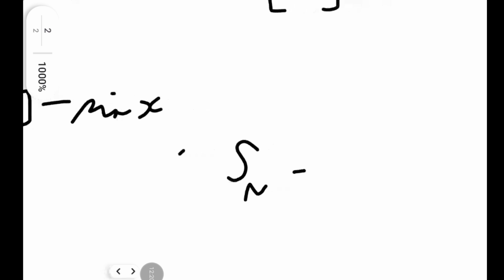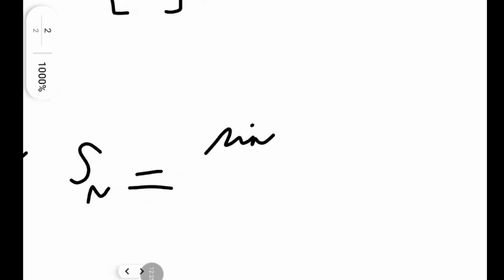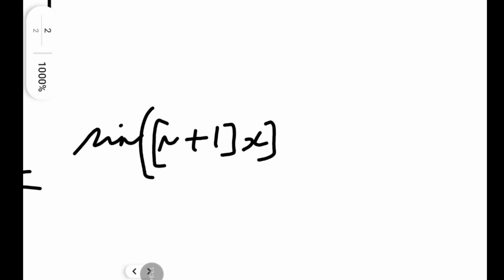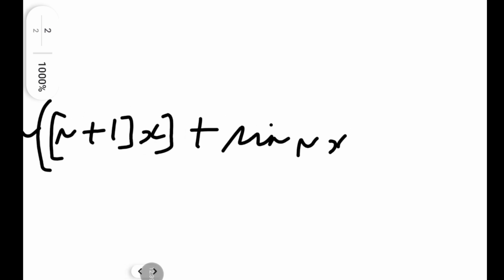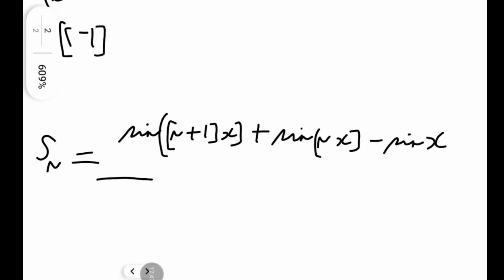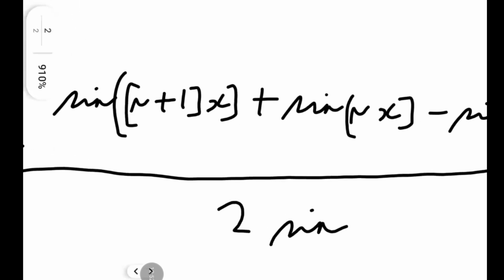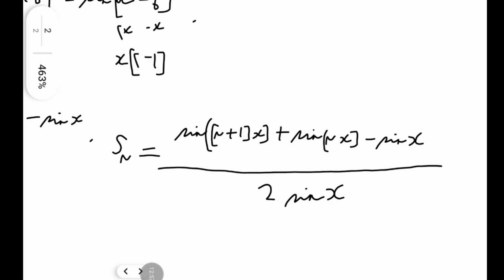The sum of n from 1 to n is equal to sine of (n plus 1)x plus sine of nx minus sine of x, all over 2 sine of x. So you see now we have it in this formula. We have a first initial summation formula of it.